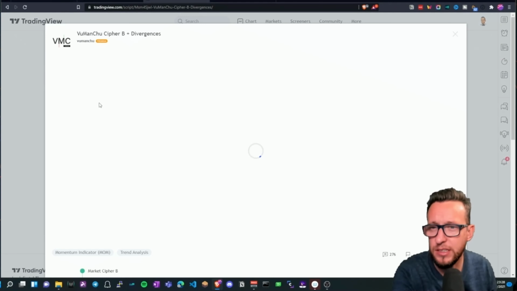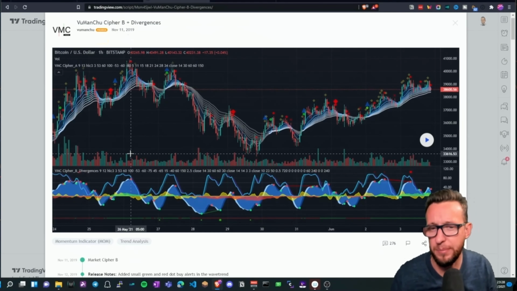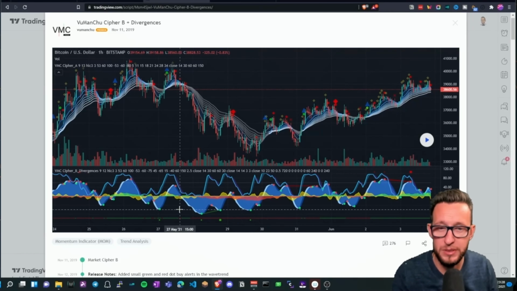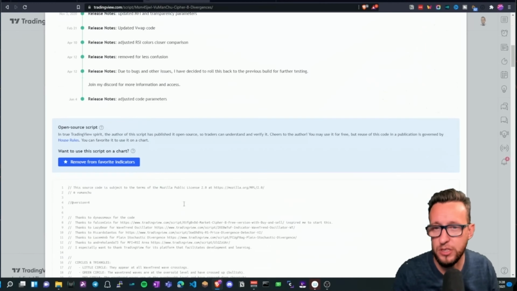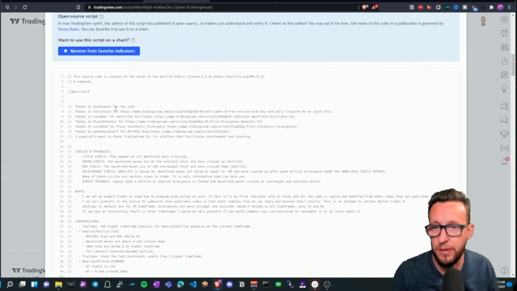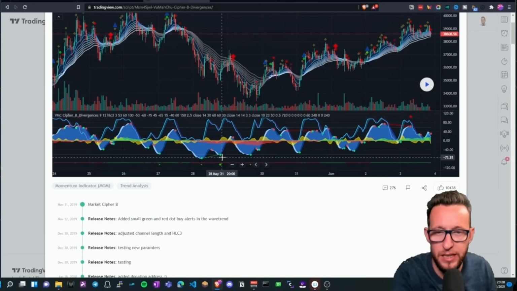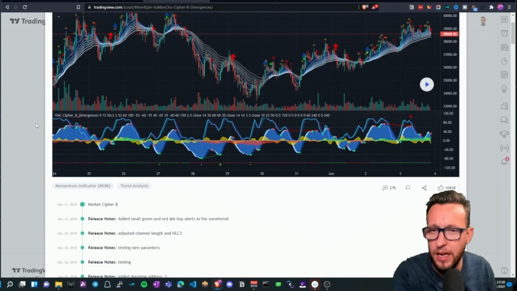Market Cipher B was an indicator made by CryptoFace, which is a premium one, and he decrypted it and made a free open source version. He got the code mainly from Reddit and other places, stuck it all together, and made an indicator which pretty much gives you the same example as Market Cipher B.